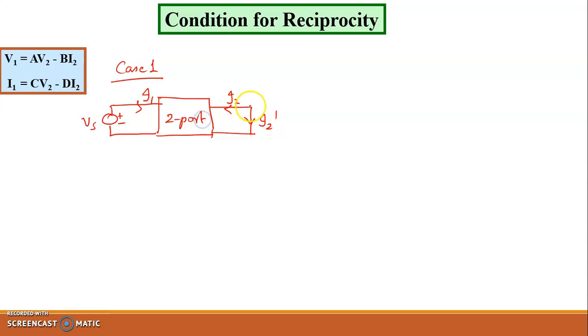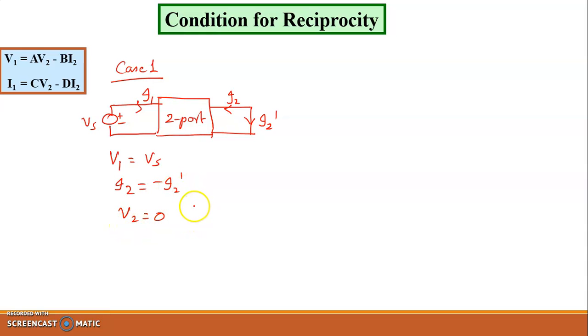So this is a two-port network. From here I can write, as in the previous case, V1 is equal to Vs, I2 is equal to minus I2 dash, and V2 is equal to 0.